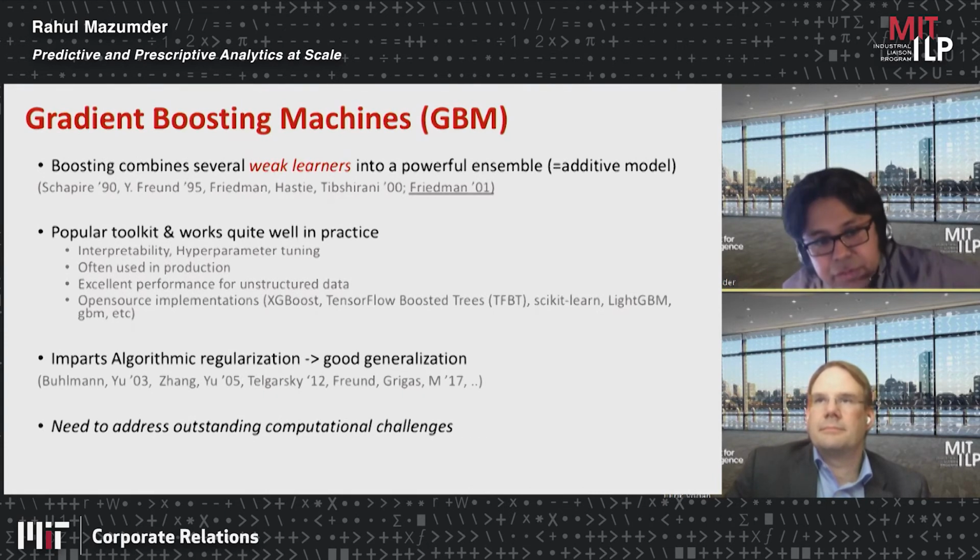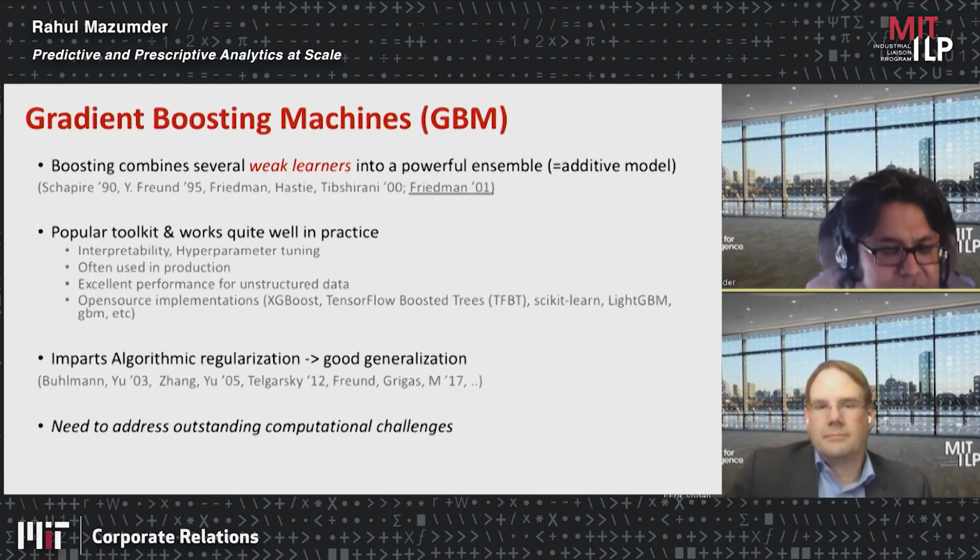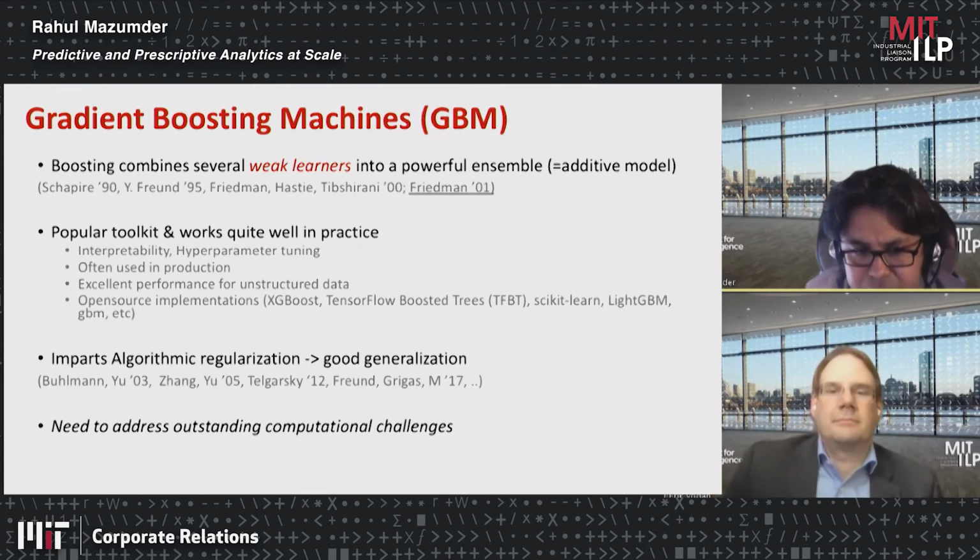For example, even if you let it run for hours and hours, the training error is literally zero, but the testing error doesn't go up. So why does this happen? We are seeing this also in the context of neural networks. So some of these aspects are not very well understood. Of course, there is exciting research going on trying to understand this in the context of neural networks as well as in boosting, but there are many aspects that remain to be addressed.